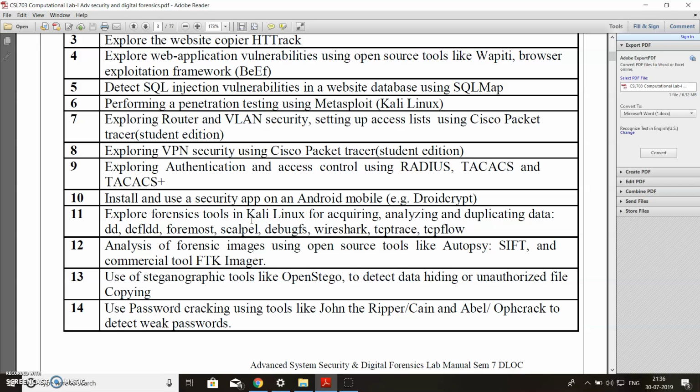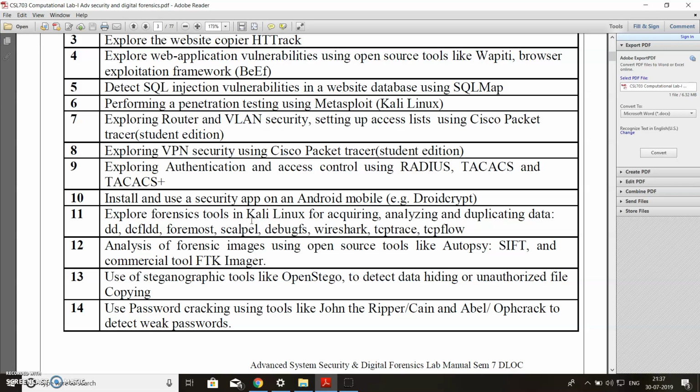And we all know that a case will hold its importance if and only if we have thorough evidence against that particular case. So digital forensics is a branch which deals with extracting, collecting, analyzing, and going through the various activities such as preservation of the evidence until we produce it into the court of law.